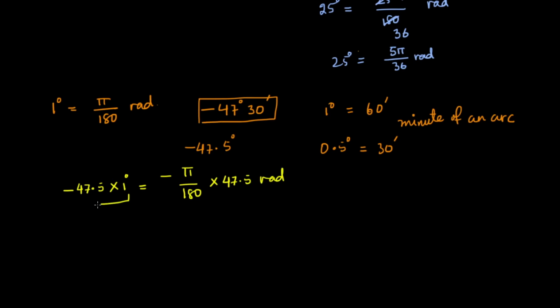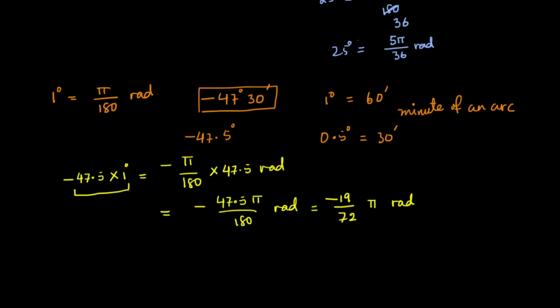So this was the required degree measure, and finally we arrive at minus 47.5 pi by 180 radian. On simplification, this will give minus 19 by 72 pi radians. Okay, so let's move on to the third one.